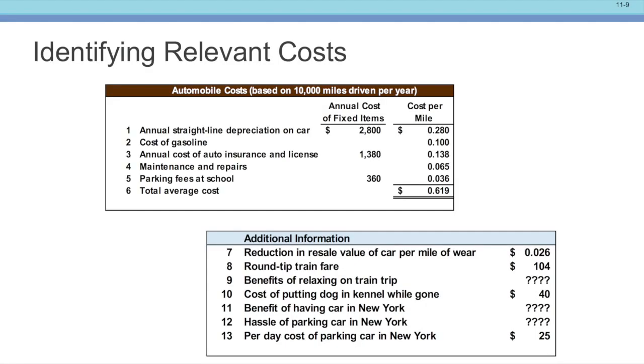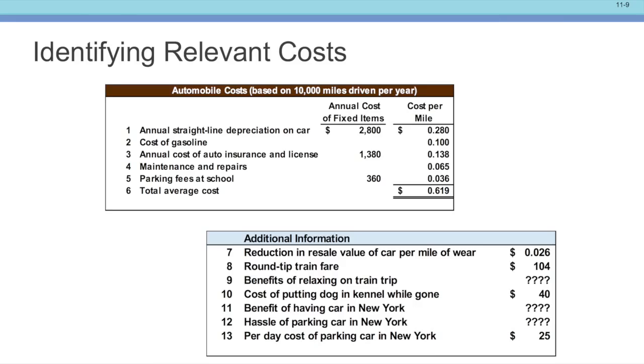So let's dig a little deeper. For the relevant costs, let's talk about a little bit more information. A reduction in the resale value of the car per mile based on wear and tear is 0.026. The round-trip train fare is $104.